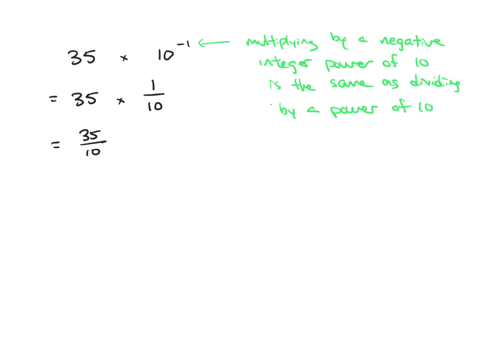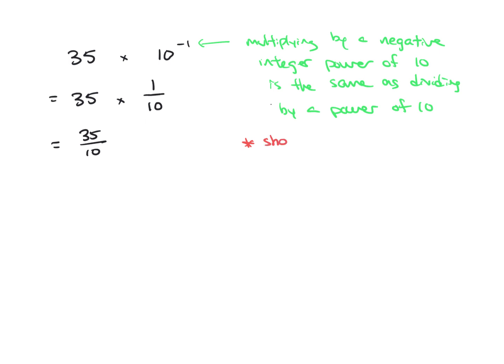So now let's talk about shortcuts for dividing by 10. So here we have 35 divided by 10. How do you do 35 divided by 10? The shortcut for dividing by 10 is actually similar to the shortcut for multiplying by 10. We will move a decimal point over, but in the other direction. So that will mean left.